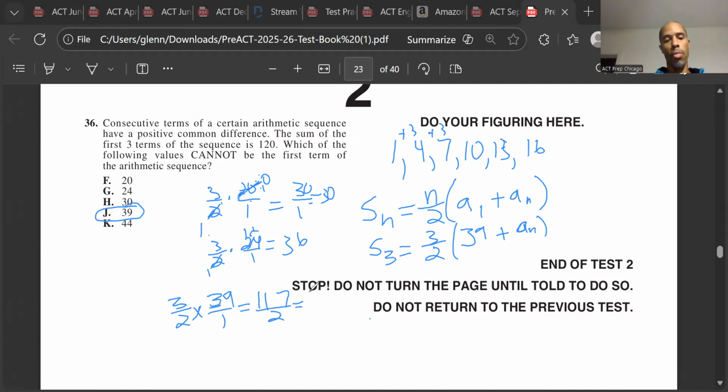That's going to give you a decimal, 58.5. But then 3 over 2 times that last term could work, because that's going to give you a decimal too, and the 0.5s together will give you a whole. So I guess it could work.